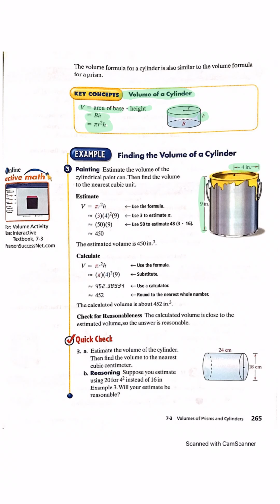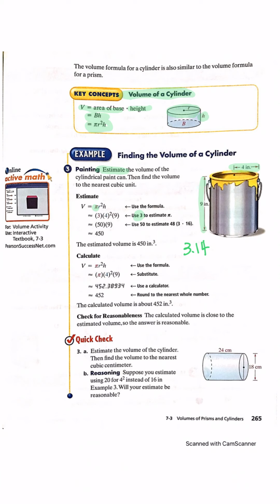So if we put that into the equation, we can see, oh, and this says estimate. So when we estimate, we can just use 3 as pi, because otherwise, we know that pi equals 3.14. But if it's estimating, we're just going to round it to the nearest whole number.